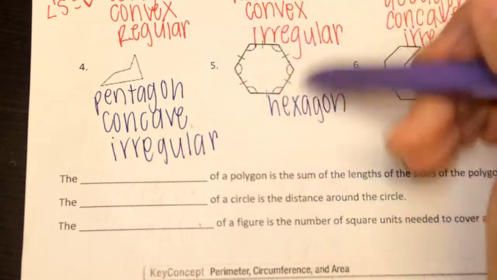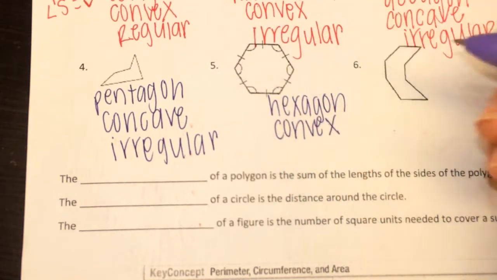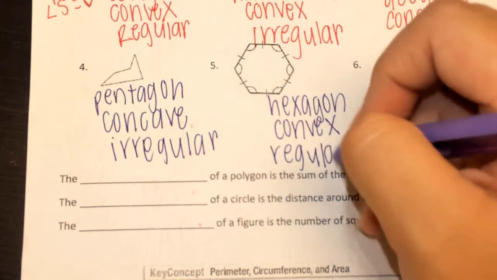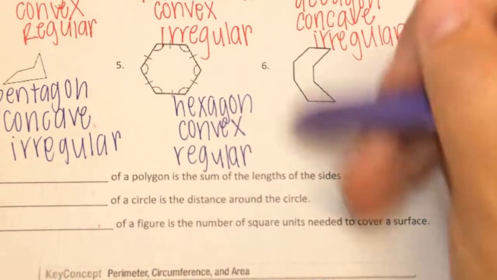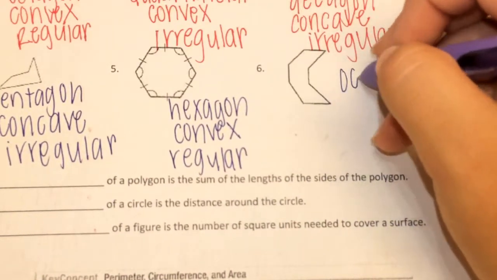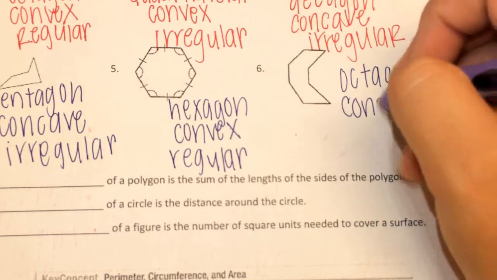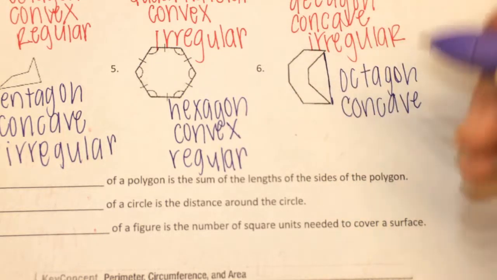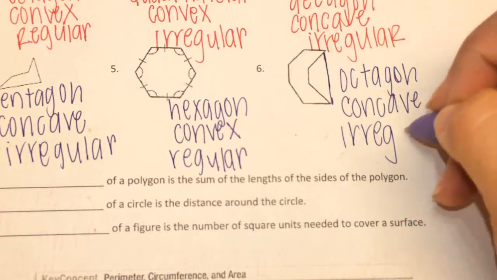Madison, concave or convex? Convex. Abby, regular or irregular? Regular. Good. Zach, name? Octagon. Good. Can I draw a cave, guys? Concave. That's a big old cave. We could have a party in that cave. Okay. And if it's concave, then it is irregular.